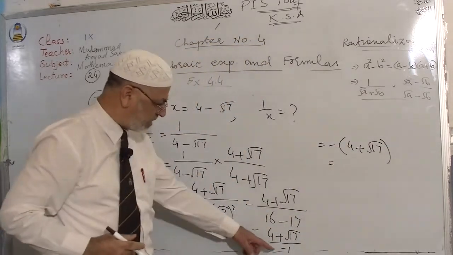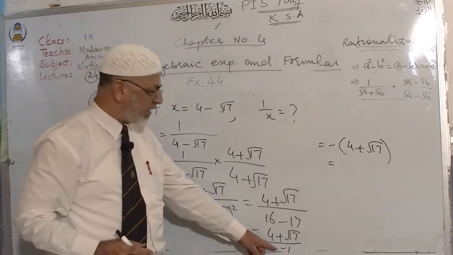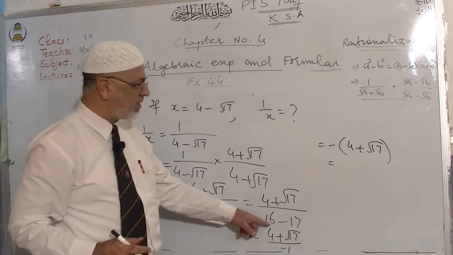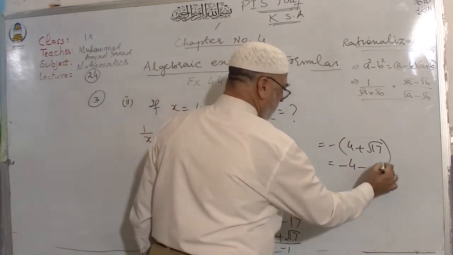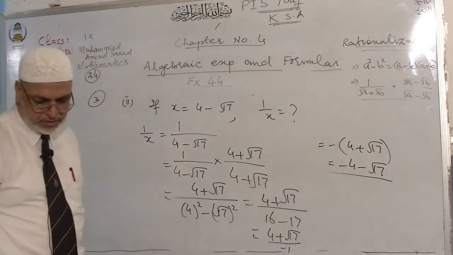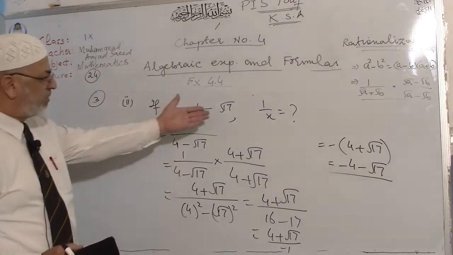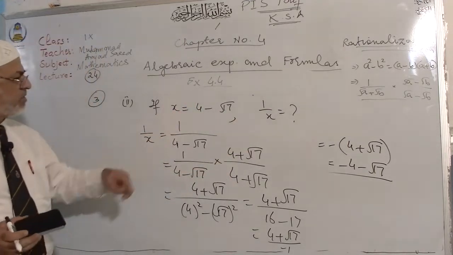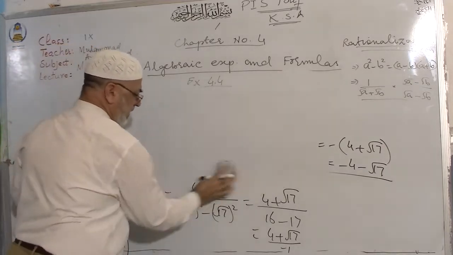This minus can be shifted here. I have told you in the previous lecture that we can write minus down or in the center or above. That is the same. And you can open up the bracket and the sign will change, and that is your required answer. I hope that you have found the value of x and you understood these steps. After that, we have part number 3.